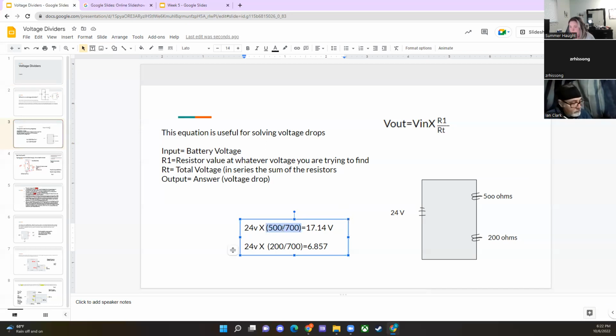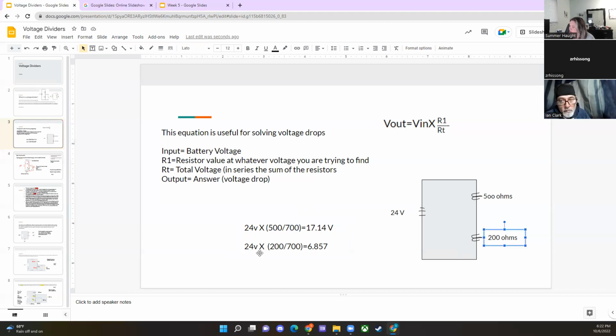So 24 times 500 over 700, or 24 times 5/7, is 17.14, which means this is V out at the R1 location. We know RT is 700 because looking at the circuit, it's wired in series, which means we can sum the resistors together to get the total resistance. You can also calculate the voltage drop, which is what V out is also called. I should have said that earlier.